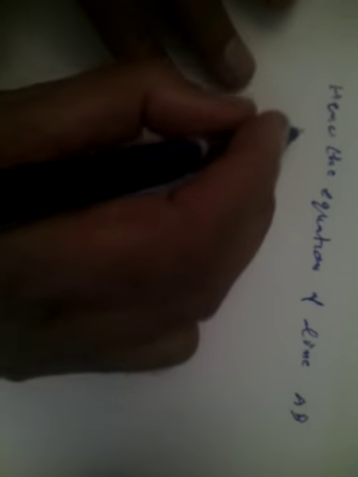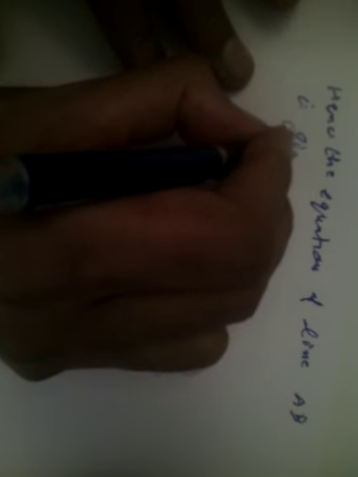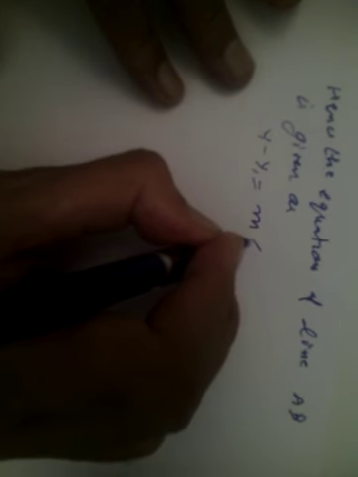So hence the equation of line AB is given as y minus y1 is equal to m into (x minus x1).